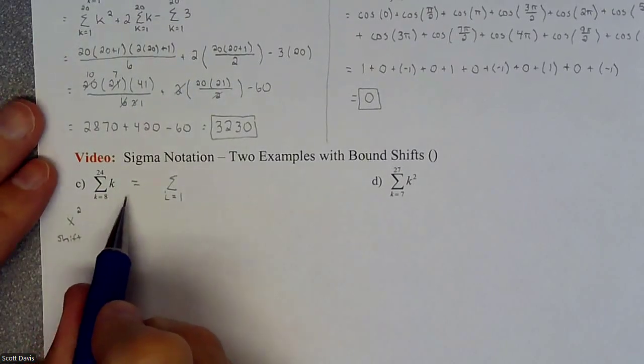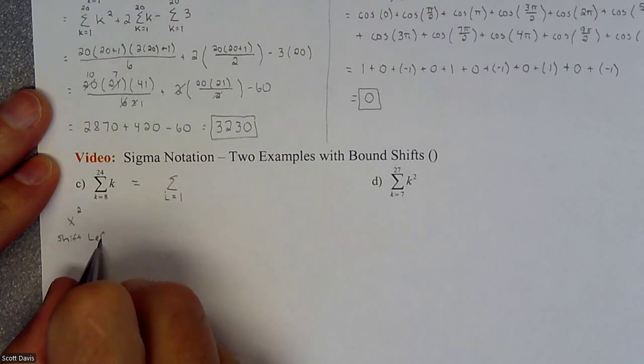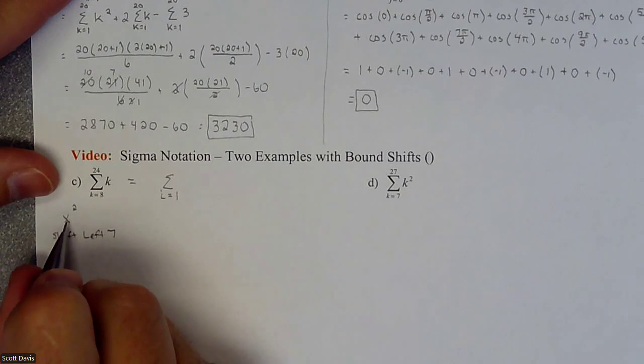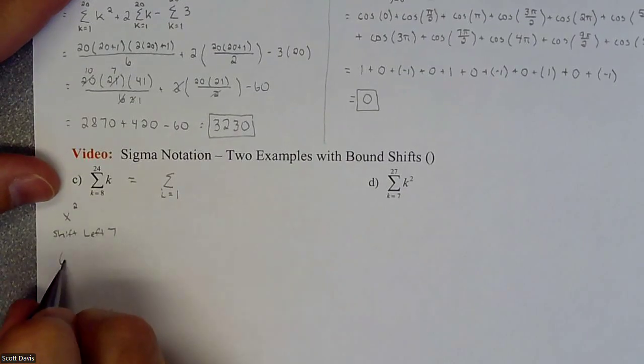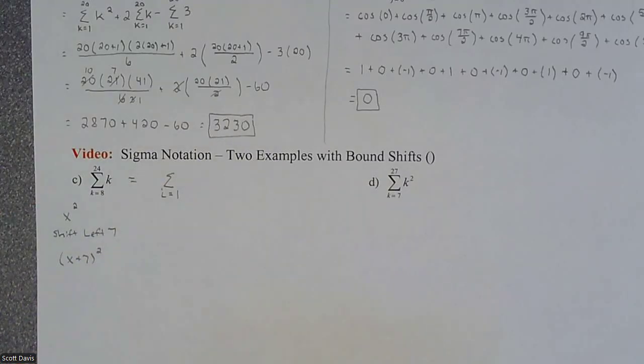This would be like shifting left 7. And if you remember that graphically, the graph shifts to the left 7, but we write it as an x plus 7 squared. Well, that's exactly what we're going to do.